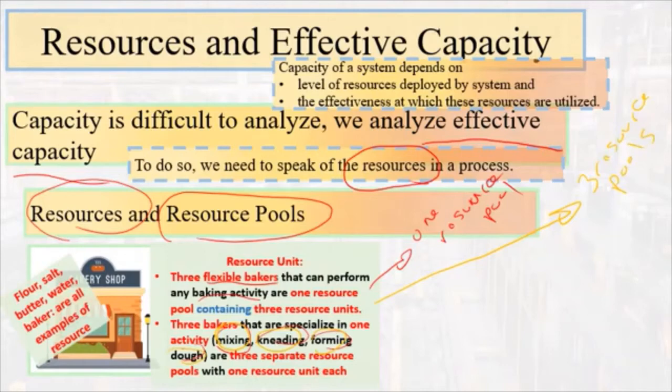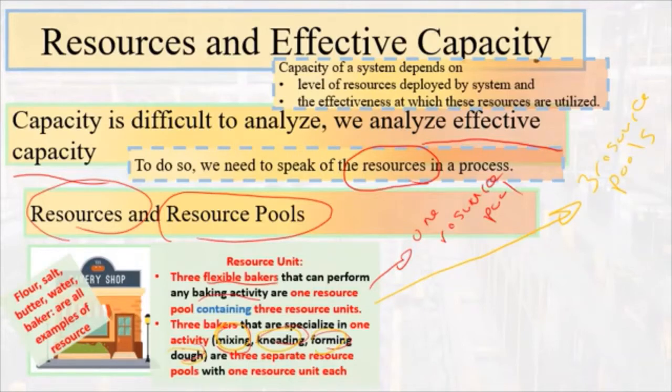You could think of this also in supermarkets. If the person handling the cash also packs the groceries, that would be one resource pool. Now, if you have two separate individuals, one handling the cash and one packing the groceries, then we would have two resource pools.